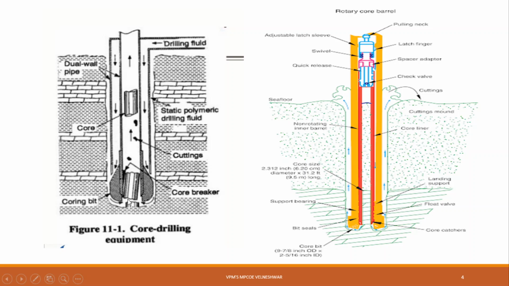The bit advances and cuts an annular hole around an intact core. As the drilling bit is rotated, the core is removed from its bottom and retained by a core lifter and brought to the ground surface.